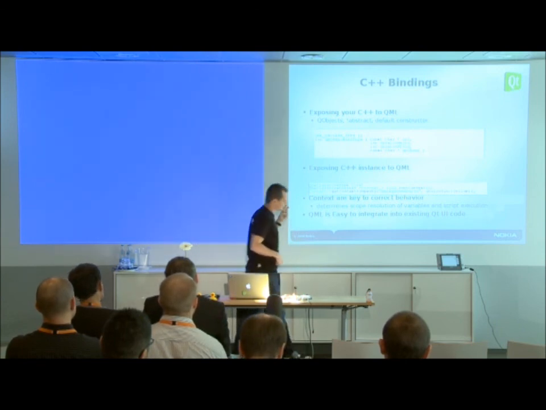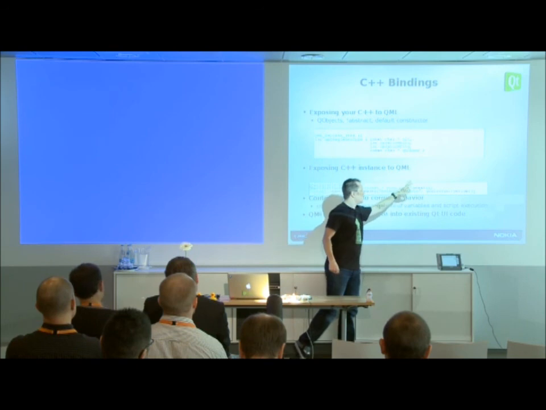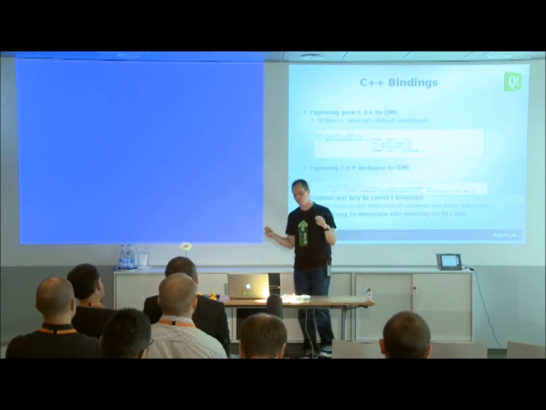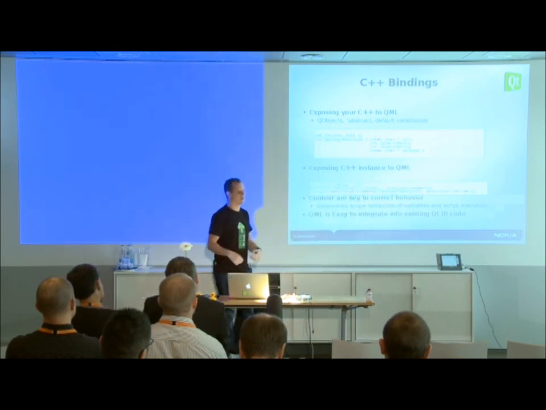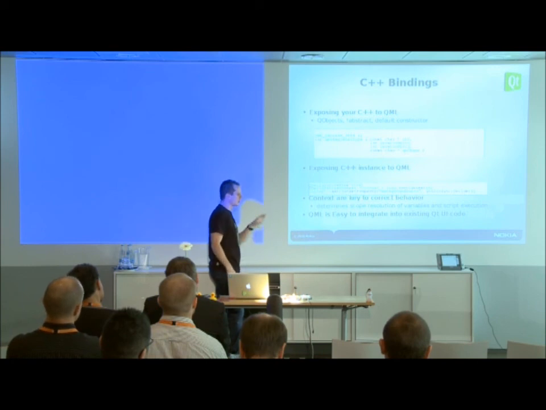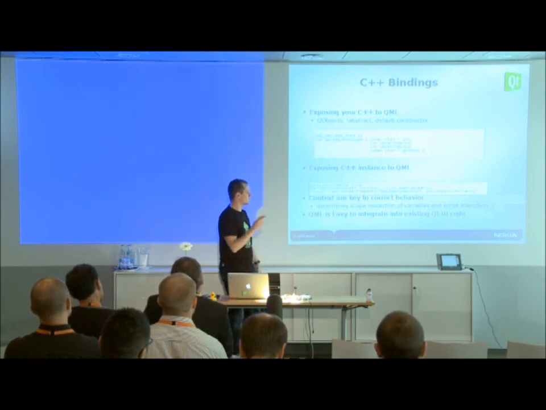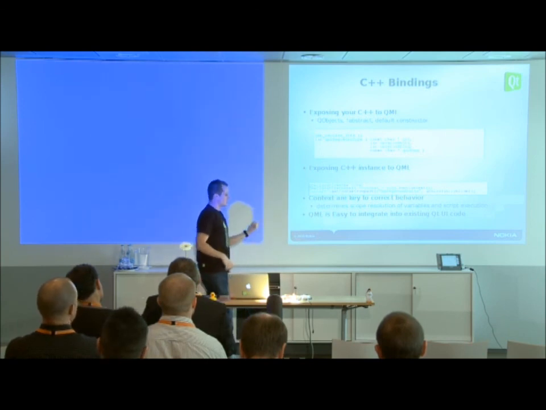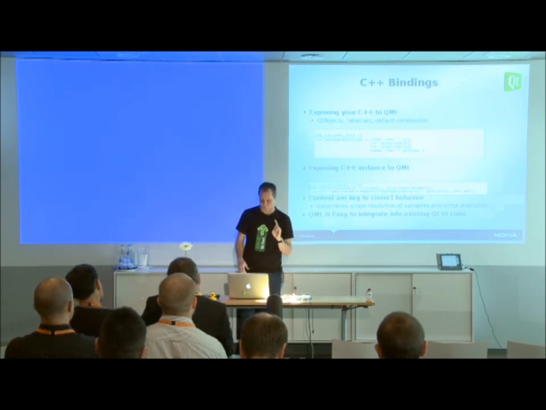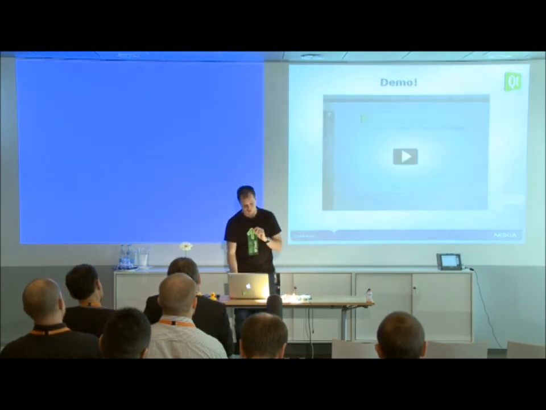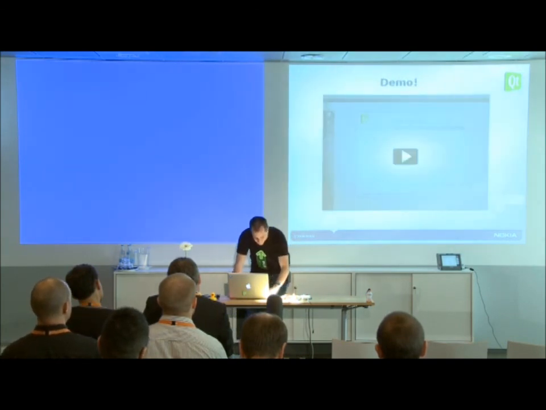Then you can say setContextProperty foo, and then give the foo instance that you have instantiated in C++. That's one way. There is another way also. So as I say, contexts are key for correct behavior, for scope resolution and everything. Everything is documented. I just introduced everything. So it's easy to integrate with existing Qt UI code. I'll actually show you how you can do it.